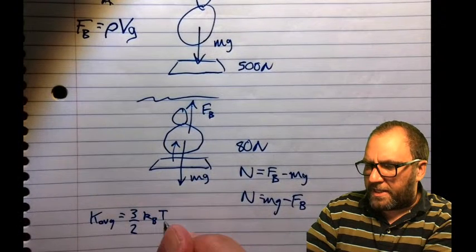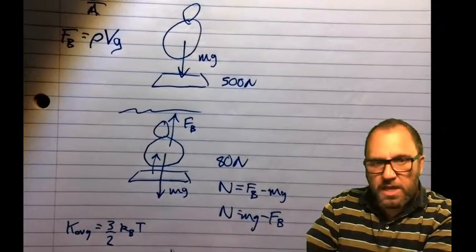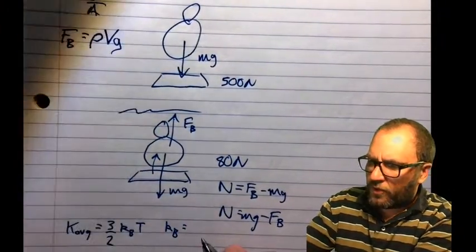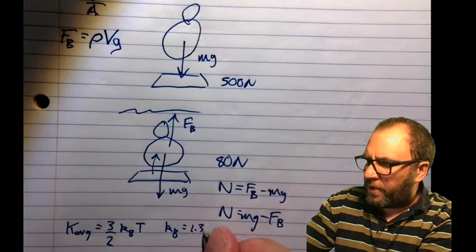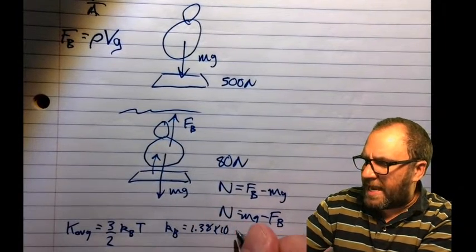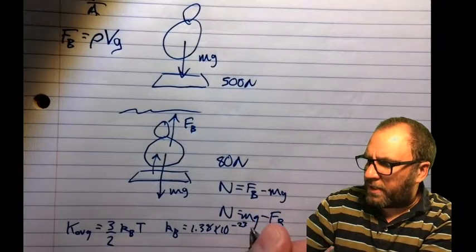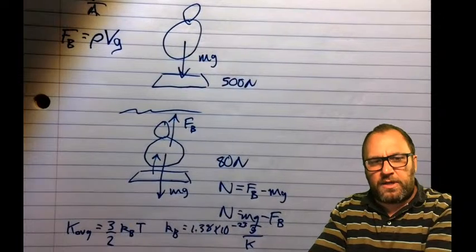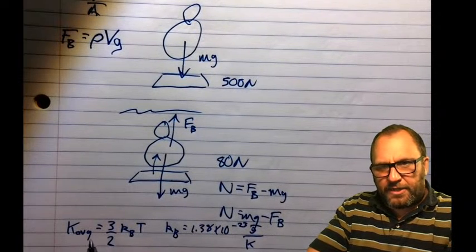This is Boltzmann's constant, and kB is going to equal 1.38 times 10 to the minus 23 joules per Kelvin.